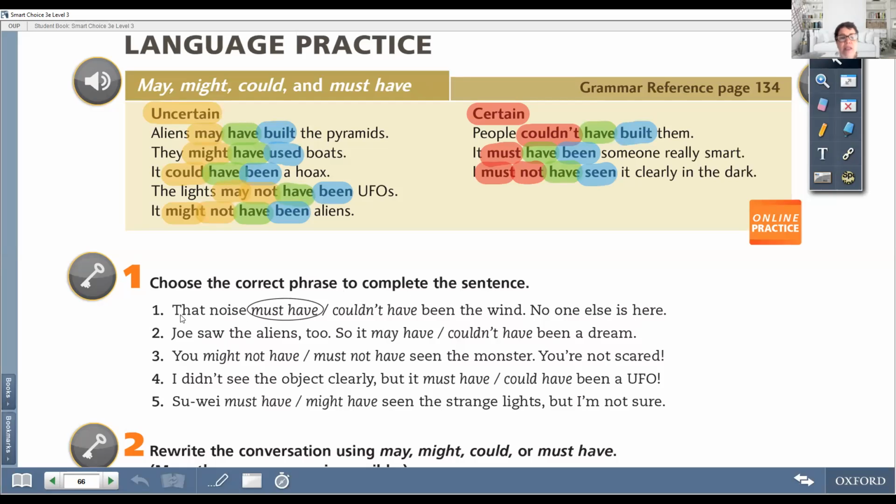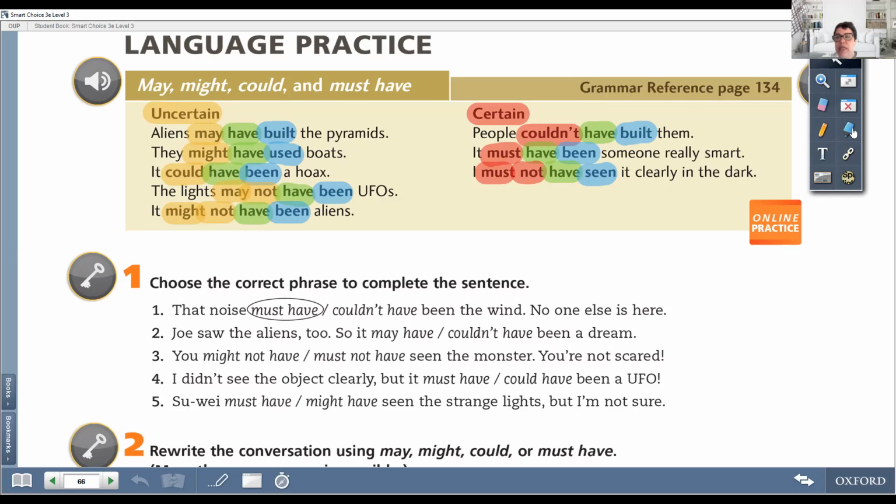Number 1, that noise must have been the wind. No one else is here. Ooh, spooky, right? So imagine there's nobody in the house. You hear a noise. So it must have been the wind.